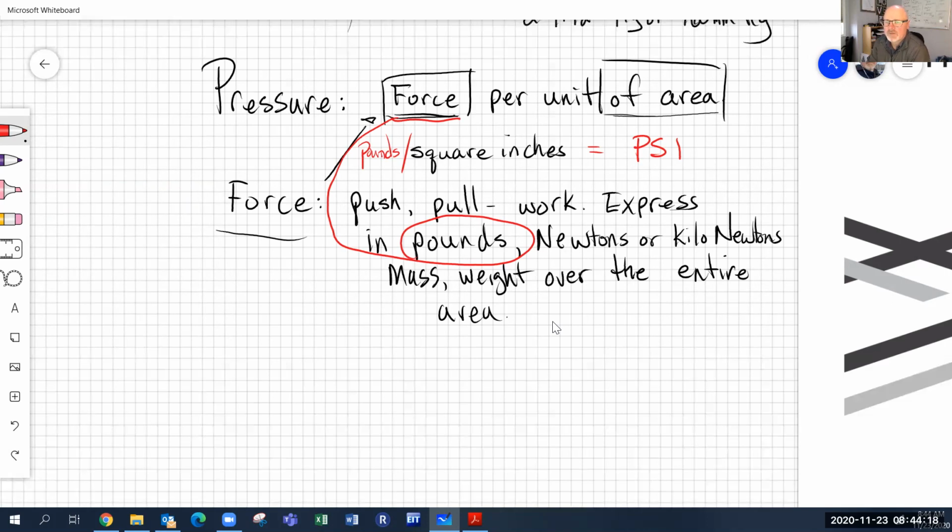So that's where that comes from. And we will use pounds per square inch almost always as we talk about it. But of course, pressure can also be expressed in kilopascals. And that is just really a metric equivalent to that. Any questions so far?